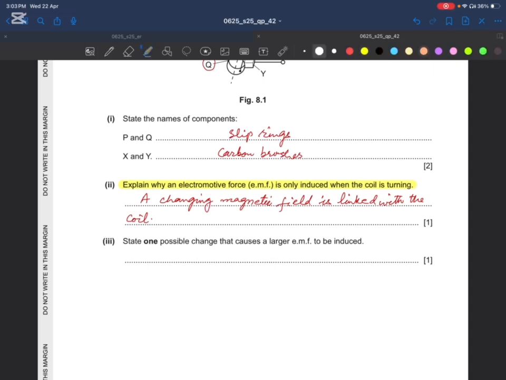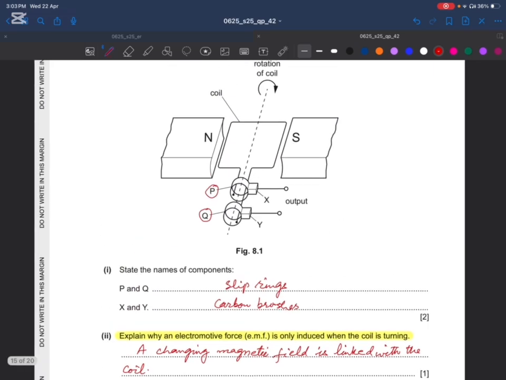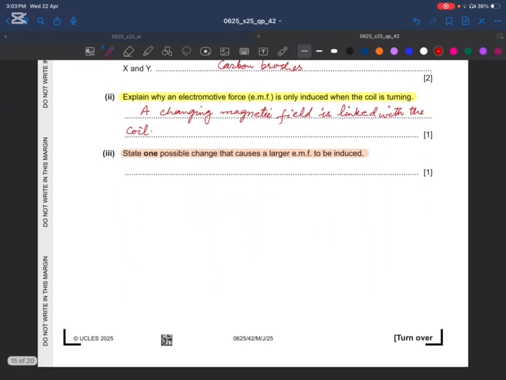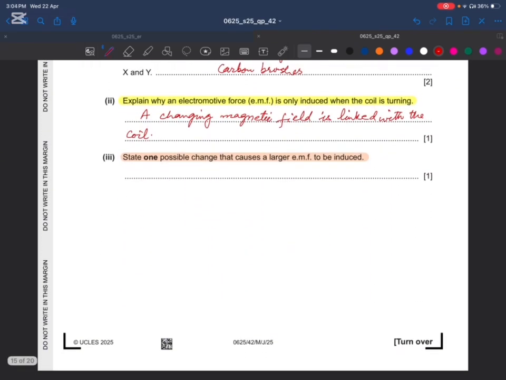And in the next part, state one possible change that causes a larger EMF induced. So you have studied this fact as well, that if you increase the strength of the magnetic field, if you increase the rotation, or even if you increase the number of turns of the coil, all these factors apply.